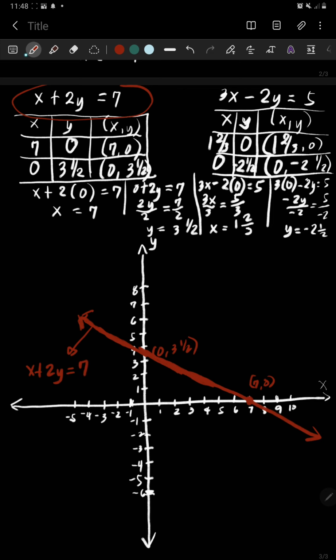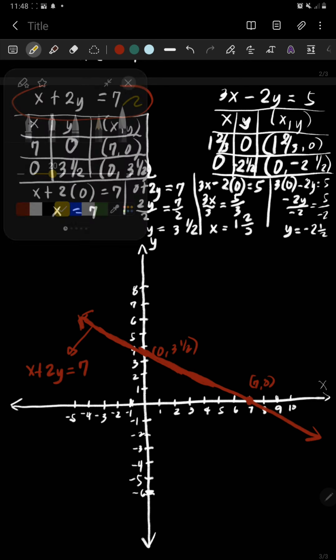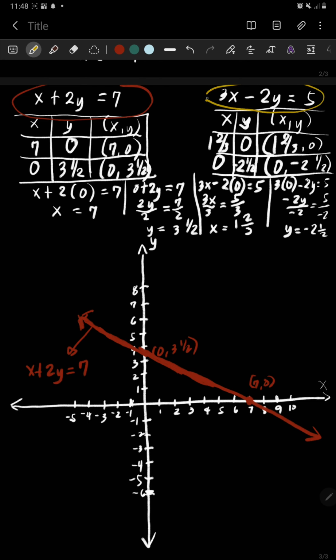Okay, next we're going to graph 3x minus 2y equals 5. So you have your 1 and 2/3, 0. That is along the x-axis, between 1 and 2. So you divide between 1 and 2 into 3 parts, since the denominator is 3. 1, 2, and then 3 here.